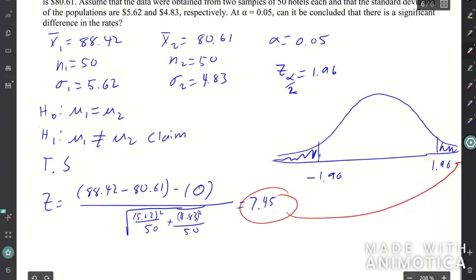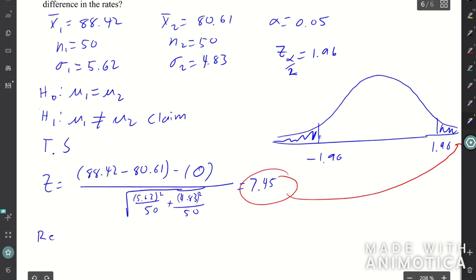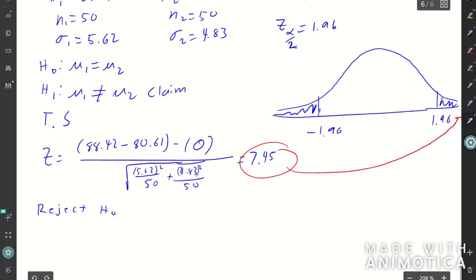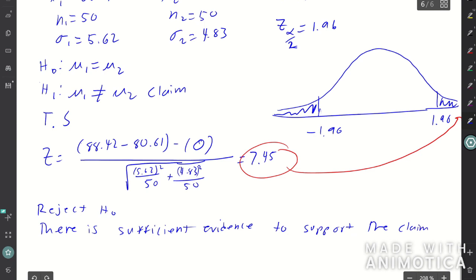Since it's not even appearing in the picture, we are definitely going to reject the null and say that there is sufficient evidence to support the claim that the average room rate between the two cities is different.